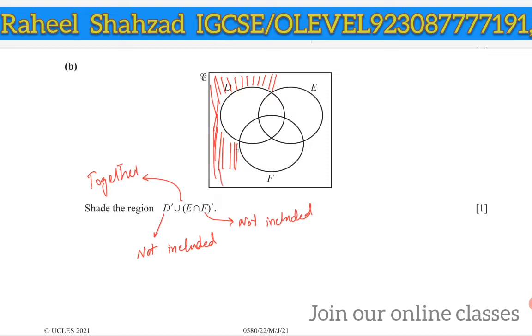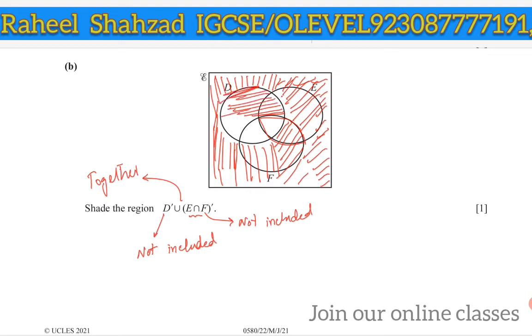Okay. All elements other than D are shaded. So we are going to shade the whole thing. And E intersection F, E and F is intersection other than this. So this is E intersection F. Complement means apart from this you are going to shade everything. So you're going to shade the D part as well. So we are left only this portion here, right?